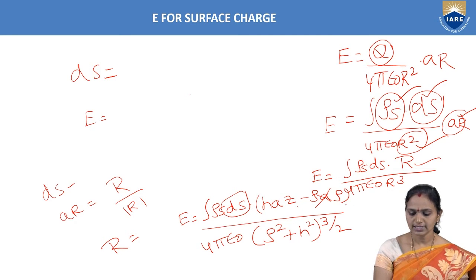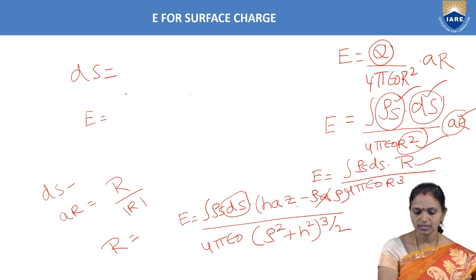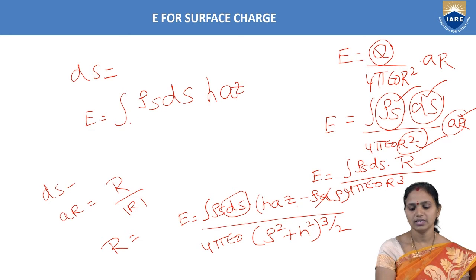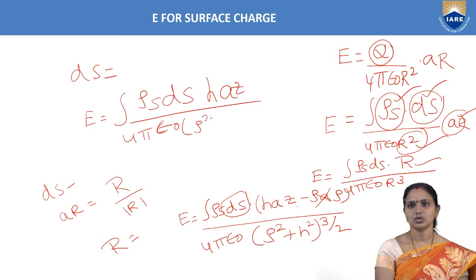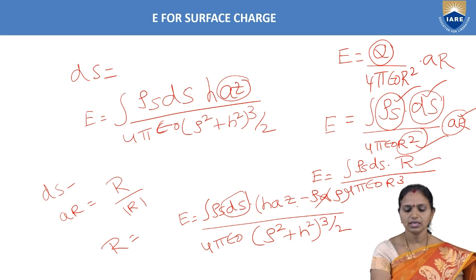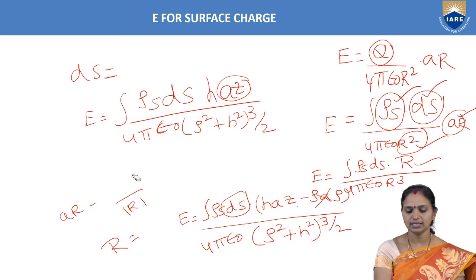So the rho term will get cancelled, and the resultant term is equal to integral of rho s ds into h az divided by 4 pi epsilon naught, times rho square plus h square whole to the power of 3 by 2. Now we have only the az component, so I am going to take integral ds, the surface area, only in the z direction.